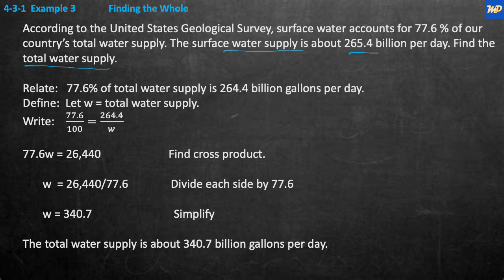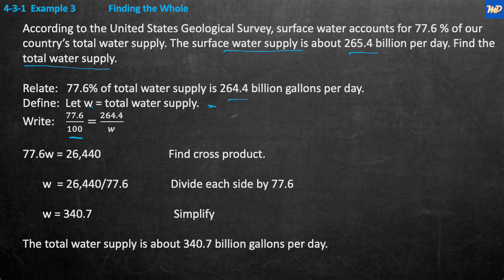So if we do that, we're going to relate 77.6% of total water supply is 264.4 billion gallons per day. We're going to define W as the total water supply. And here's what we're going to write. 77.6 divided by 100, that's our percentage equation, right? So we just take the 77.6 and remove the percentage sign and divide by 100.